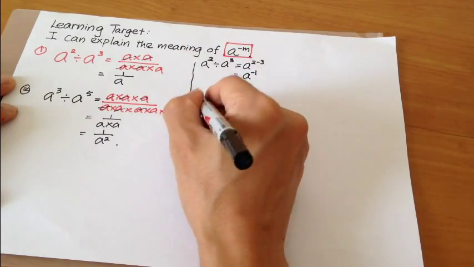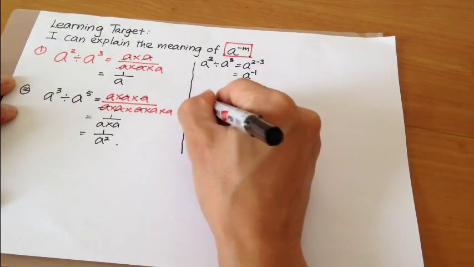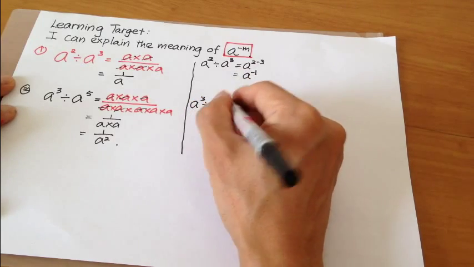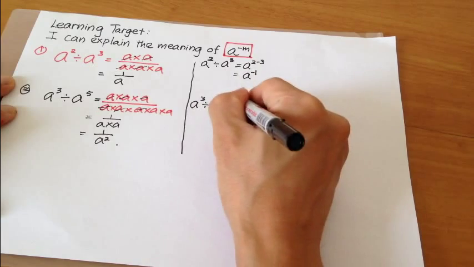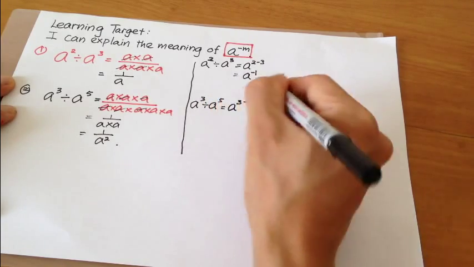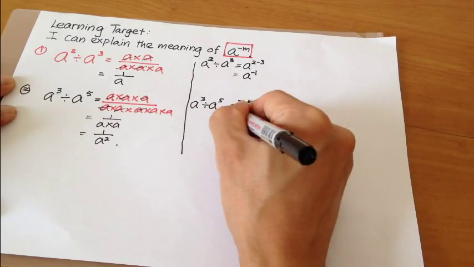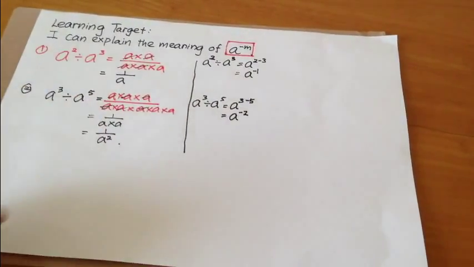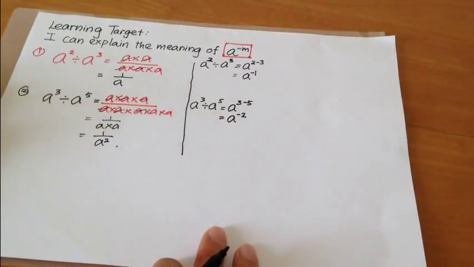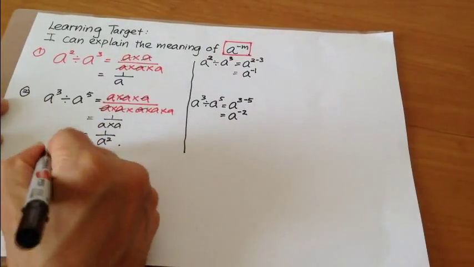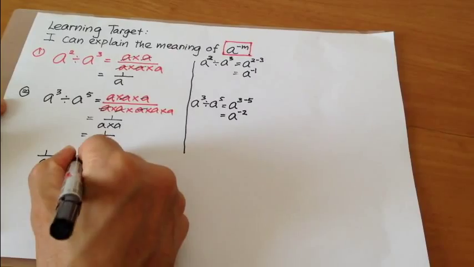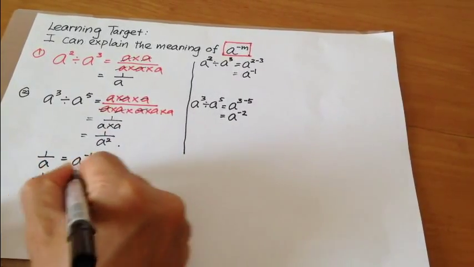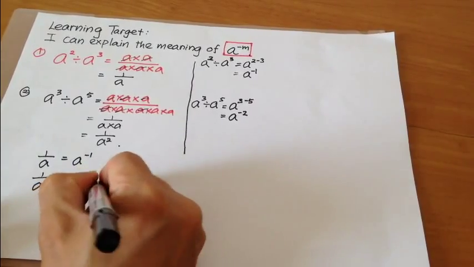Similarly for the second one, a cubed divided by a to the power of 5, using the method from the previous lesson, the index is 3 minus 5, or a to the power of negative 2. If these two are exactly the same, then 1 over a must equal a to the power of negative 1, and 1 over a squared is equal to a to the power of negative 2.